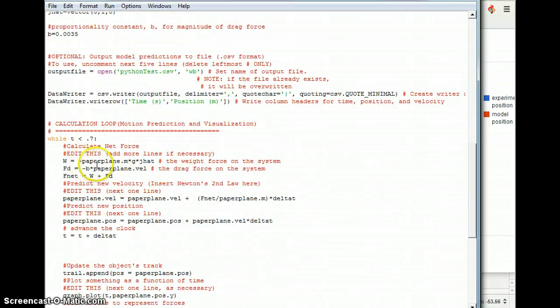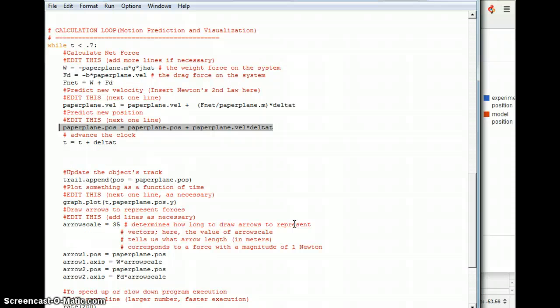Weight force is equal to minus paper plane mass times g times j hat, and the drag force is equal to minus b times the paper plane velocity. The F net is equal to the weight force plus the drag force. Here is Newton's second law of motion, and from this equation we can calculate the future position of the object.